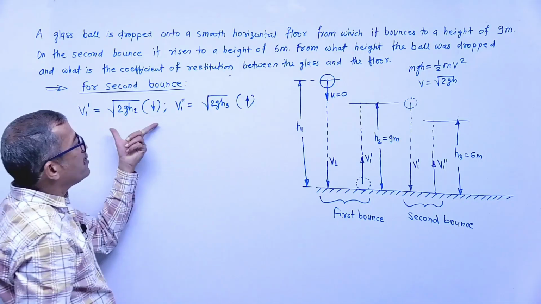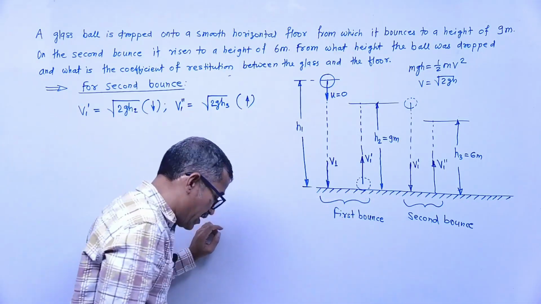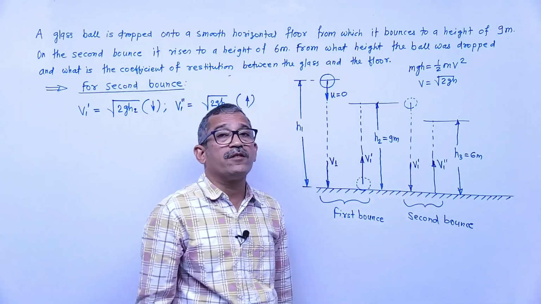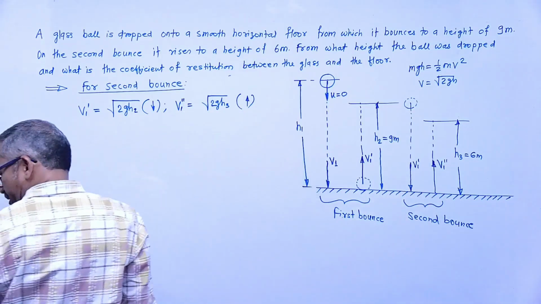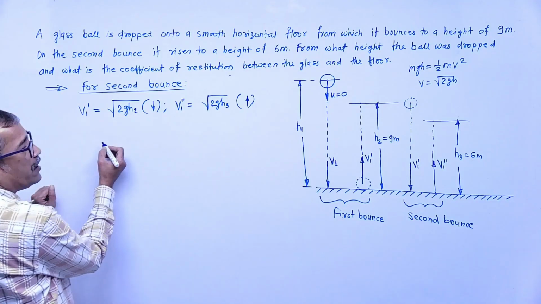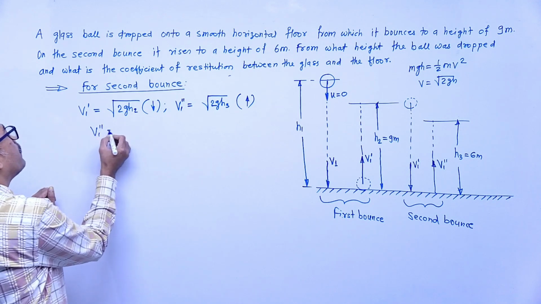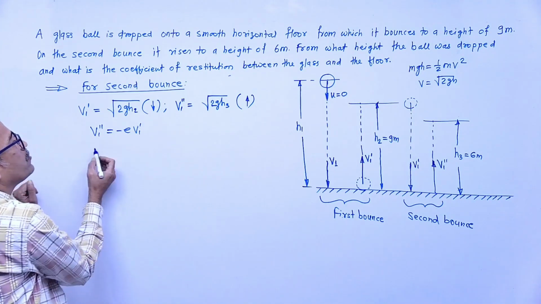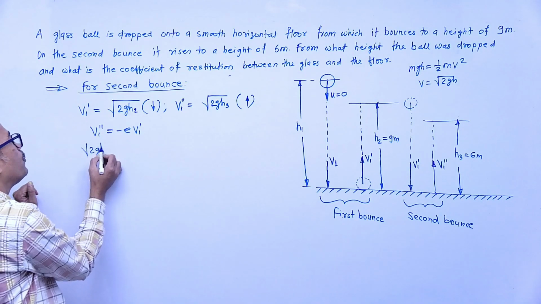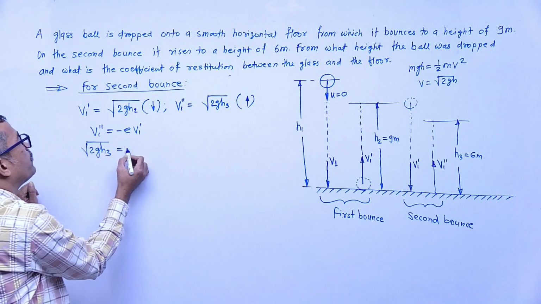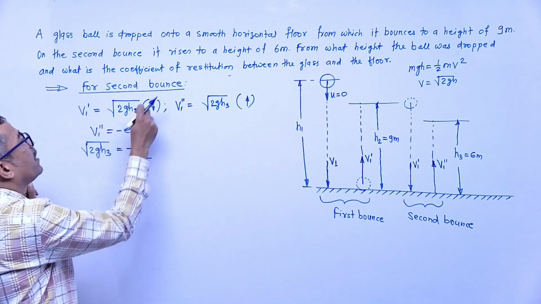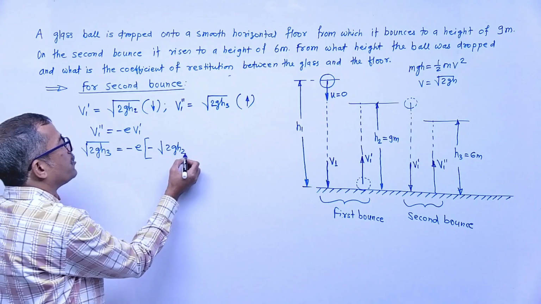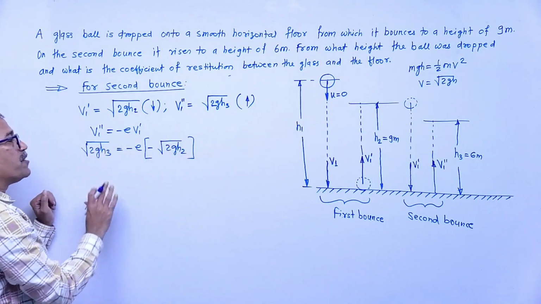Now what is the relation between velocity before impact and after impact? V1 double dash is in the opposite direction, minus e times the initial velocity. V1 double dash equals minus e V1 dash. Now V1 double dash is root of 2gh3 equal to minus e times V1 dash, which is downward, so we substitute with a minus sign: root of 2gh2, minus times minus.